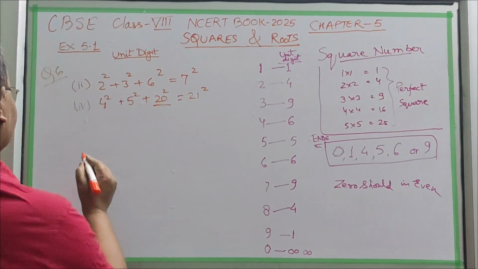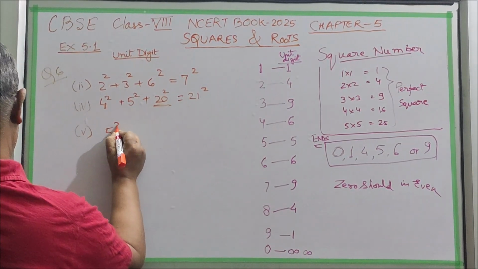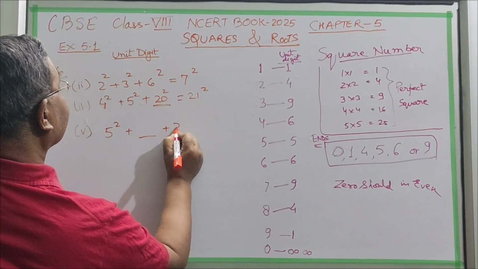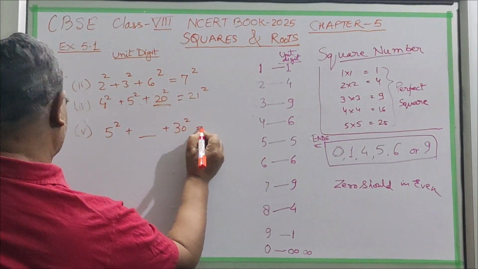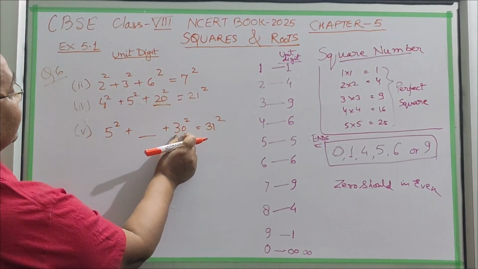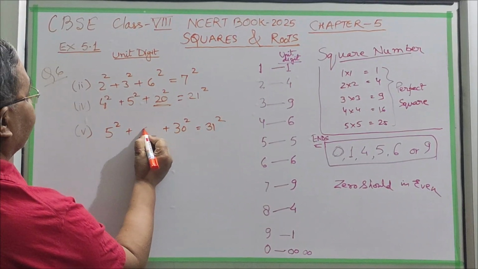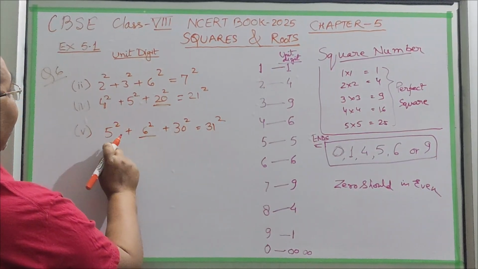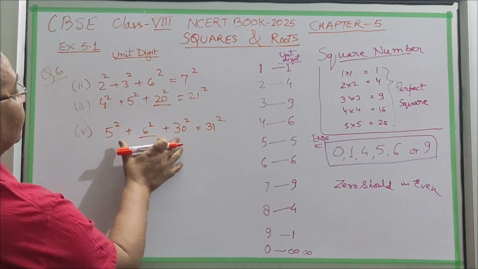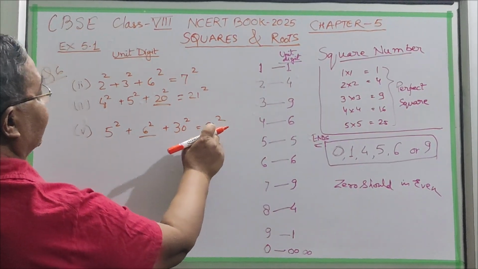Now the fifth, what they are asking: 5 square plus gap plus 30 square is equal to 31 square. So we know this number is the product of here and here. So 5 times 6 is 30, so here will be 6 square. 5, 6 square, and 30 square, and all this will be equal to the next number's square.